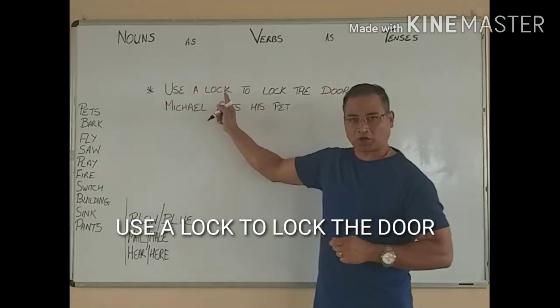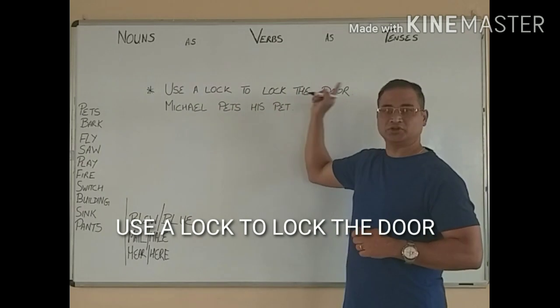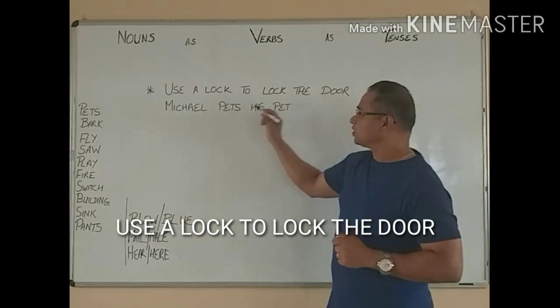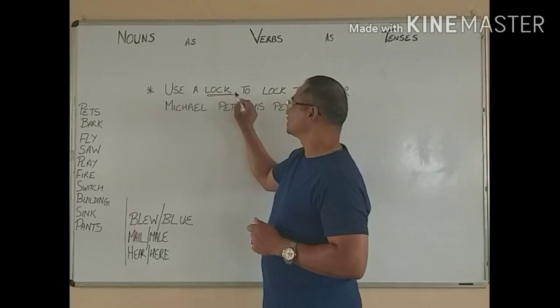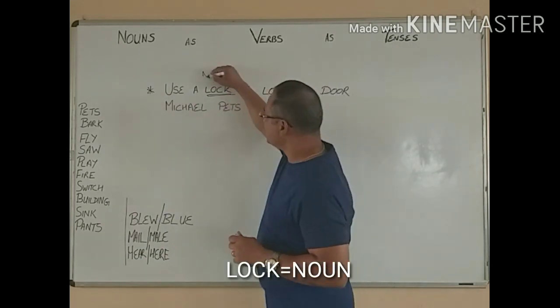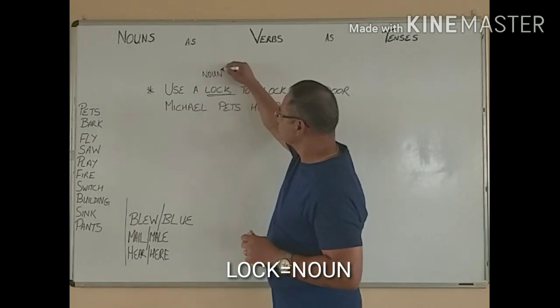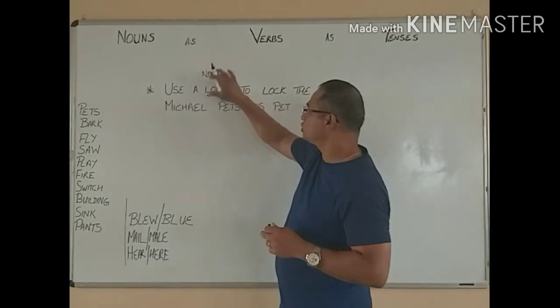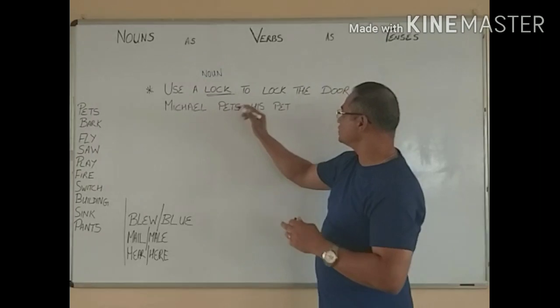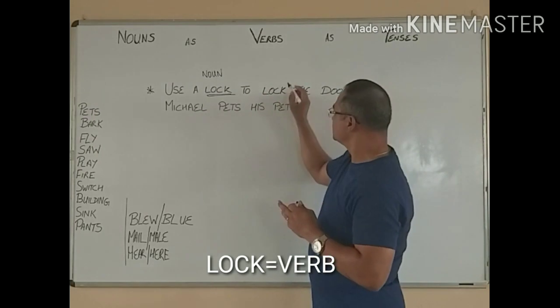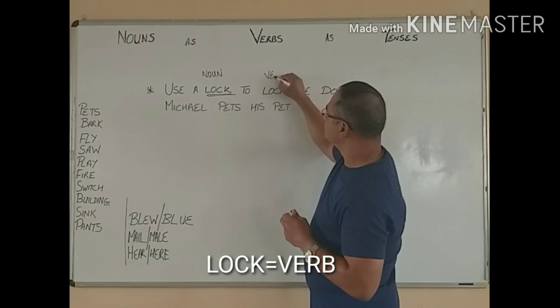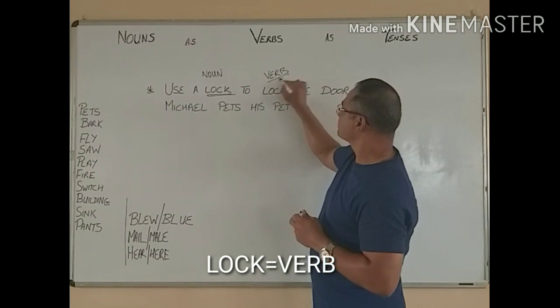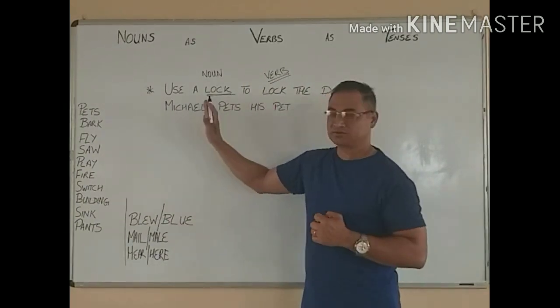Use a lock to lock the door. Right? Now this lock is a noun, because I'm asking you to use a lock to lock the door. So this lock, the first lock, is a noun, and to lock the door, this is the verb. You see the difference? Right?